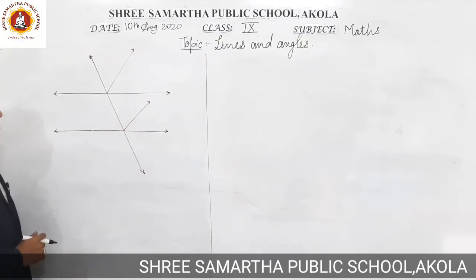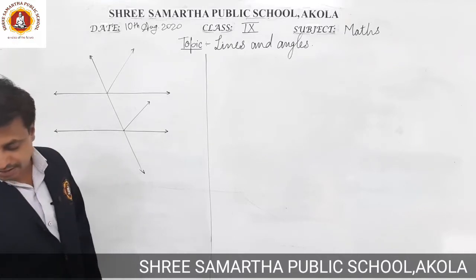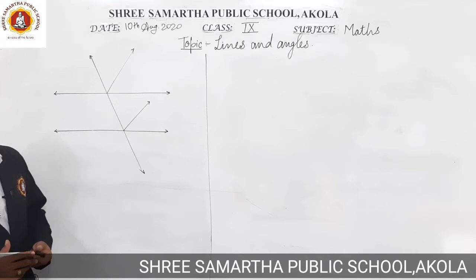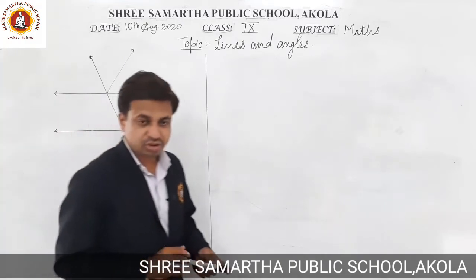Now it is given that these rays, that is the bisectors of the corresponding angles, are parallel. Okay, this is given.